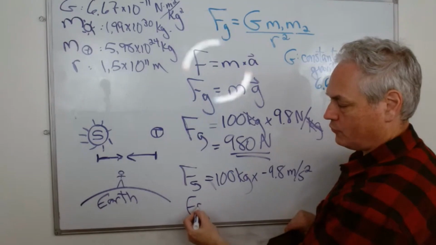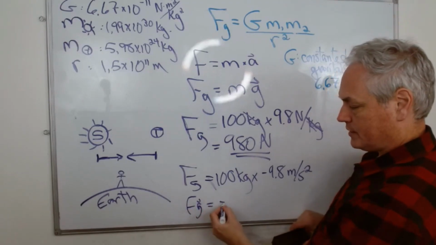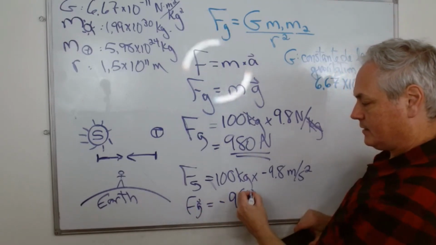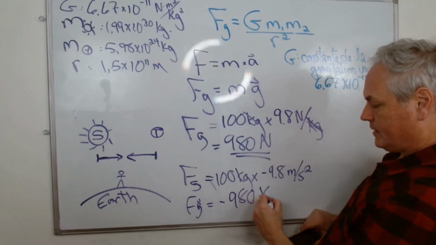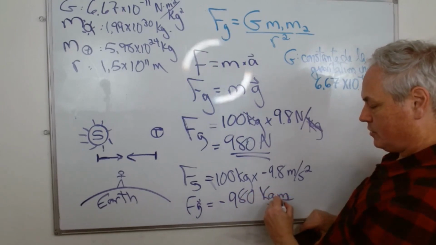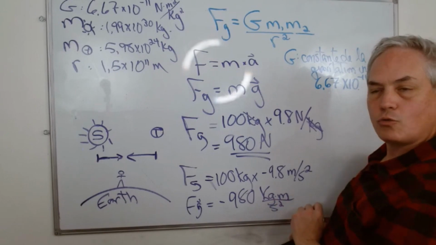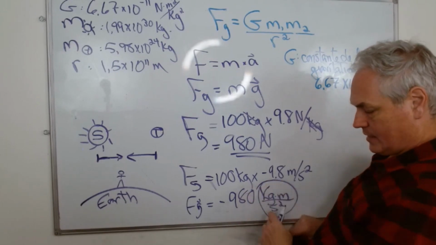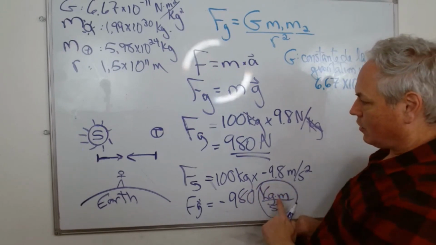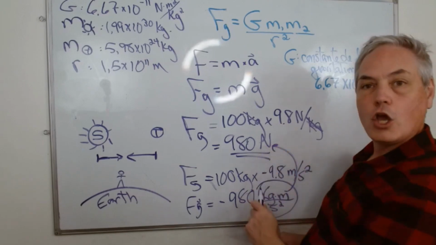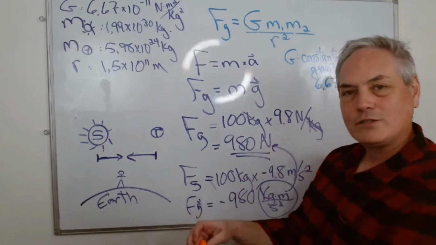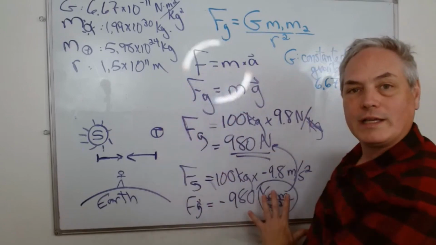So here the force equals negative 980 kilogram meter per second squared. And interestingly enough, all of these units are the same thing as a Newton. So this is how this formula has been working together.